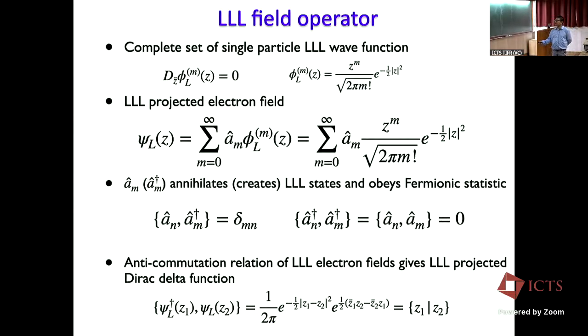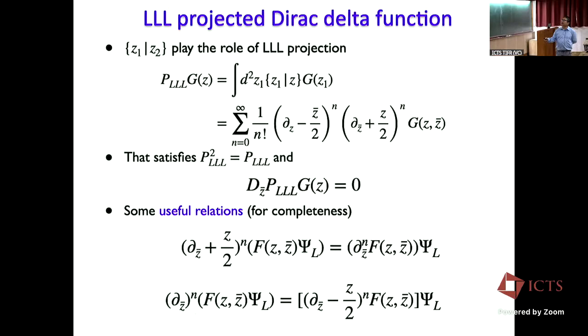So we can use this delta function to project any single particle operator to the lowest Landau level. Here G is any function, but we can integrate it with the lowest Landau level delta function like that. This result will satisfy the lowest Landau level constraint.